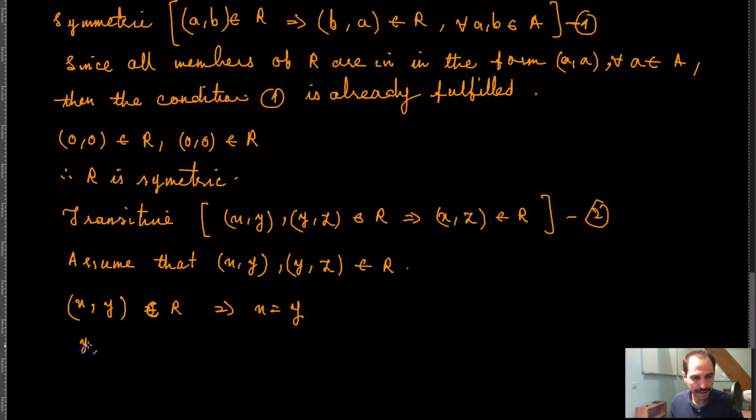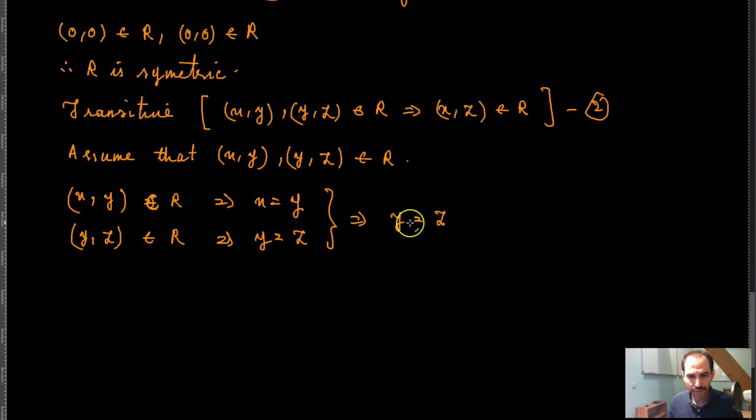And y comma z belonging to R implies that y is equal to z. So you can also say that x is equal to z.